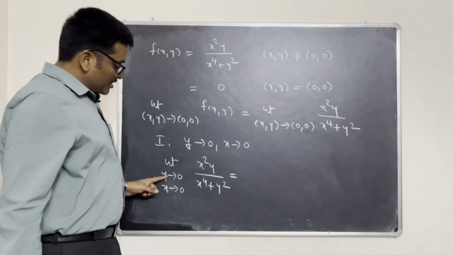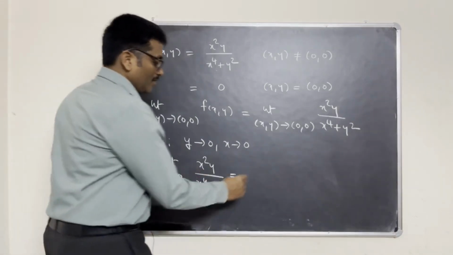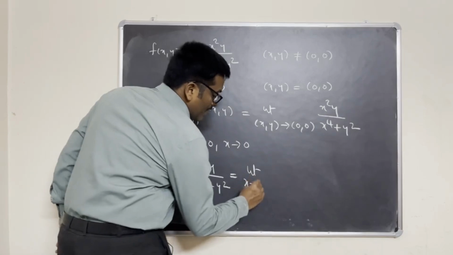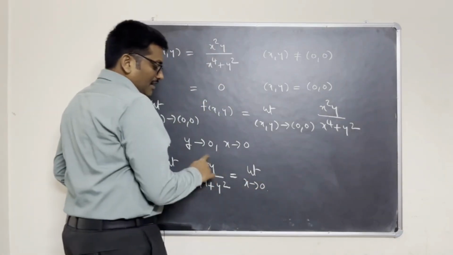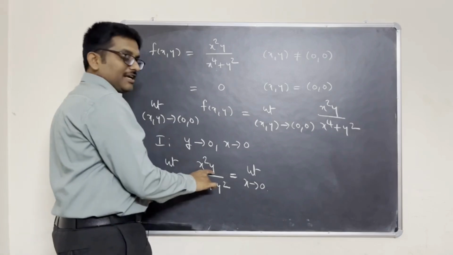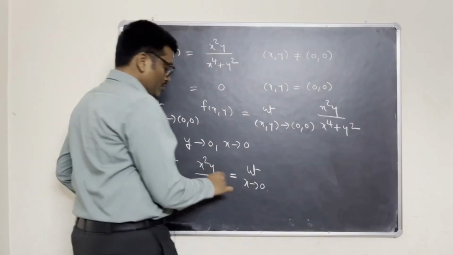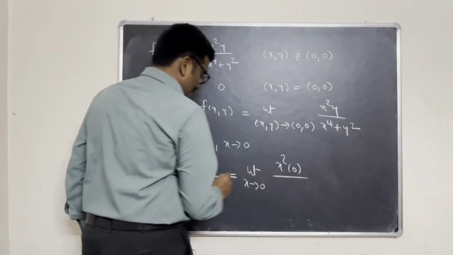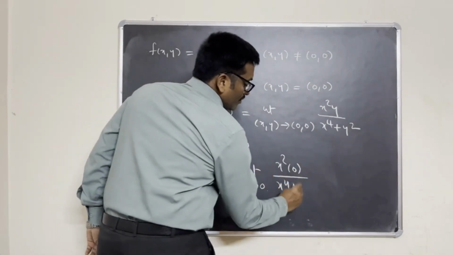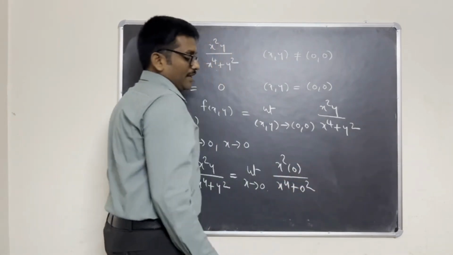If we substitute first y tends to 0, writing limit x tends to 0 as it is and taking limit y tends to 0 for this function, it's a rational function so that we can directly substitute y as 0. x square 0 by x power 4 plus 0 square.